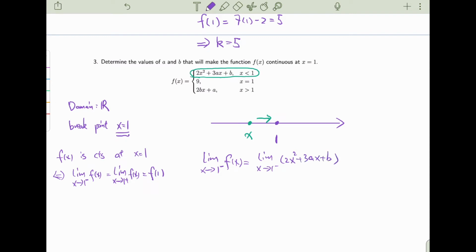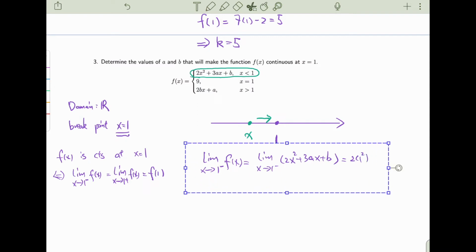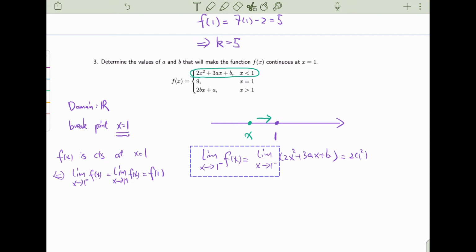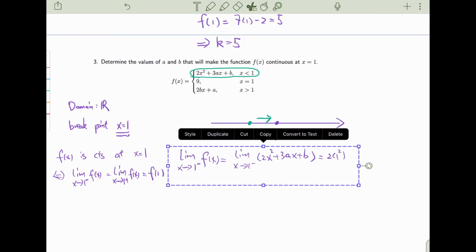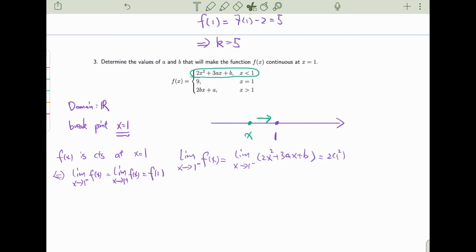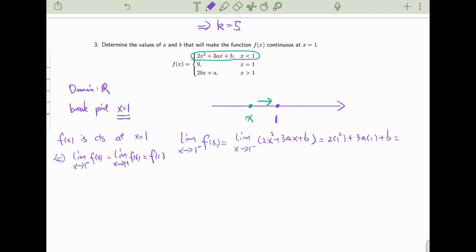And I can plug in 1 for x, so I have 2 times 1 squared plus 3a times 1 plus b, which is 3a plus b plus 2. Maybe write it here.